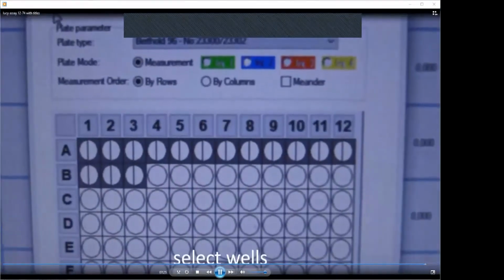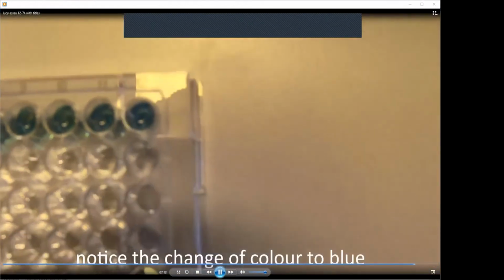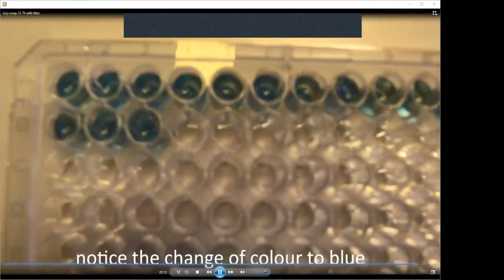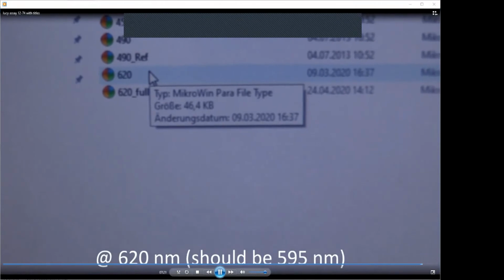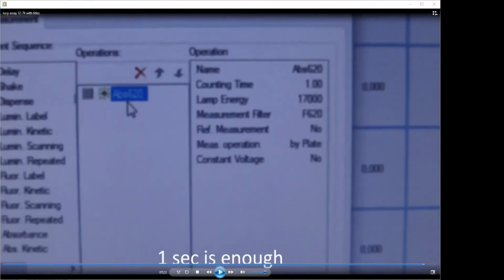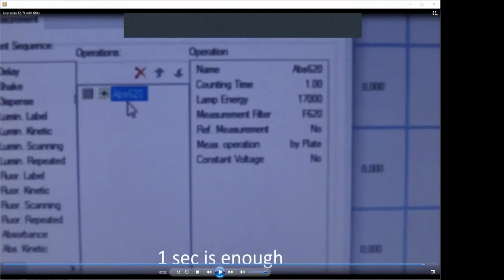There you don't need to add anything, you just have to select the wells which have to be measured. Yeah, so this is the proper filter which has to be selected. 620.